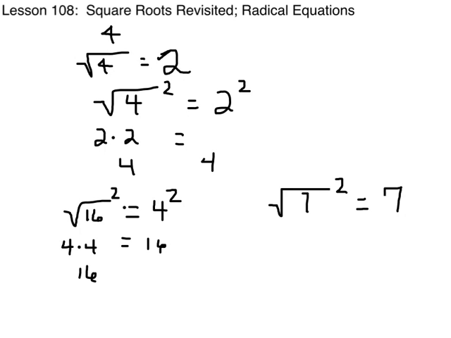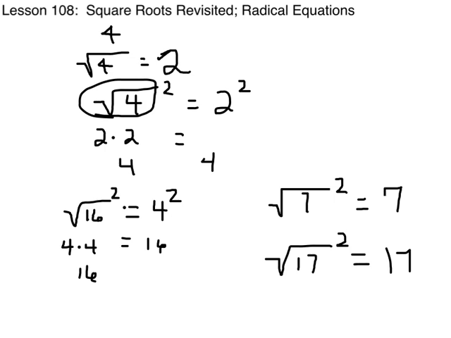Just like here, the square root of 4 is 2, and 2 times 2 is what you had to start with, 4. So when you square any square root number or radical, you're going to get the number that's inside the radical. The square root of 17 squared is going to equal 17. So basically what you've done is found a way to get rid of this radical sign.